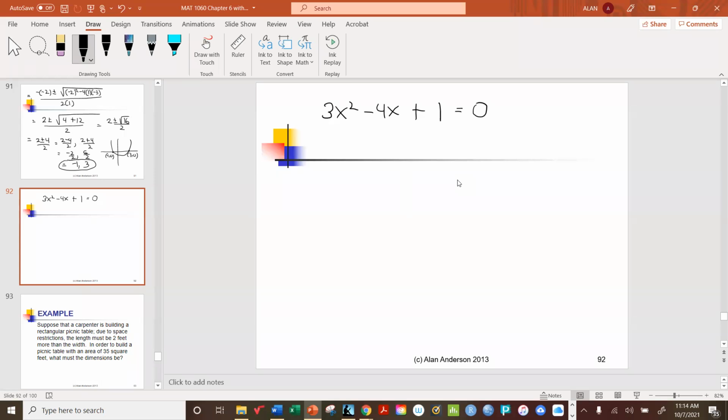So in this case, a is 3, b is -4, and c is 1.